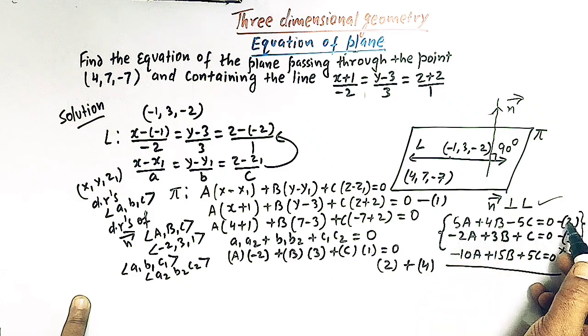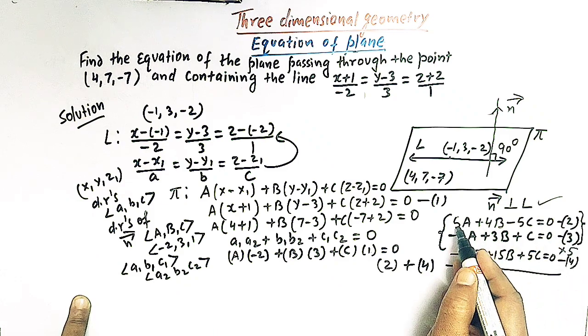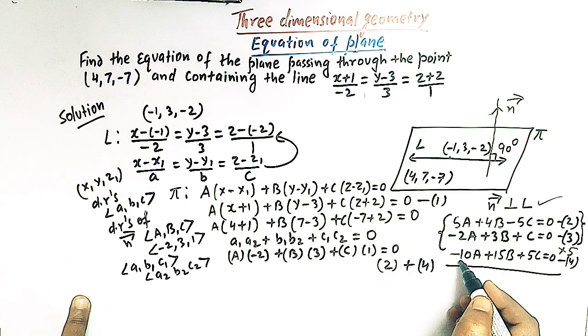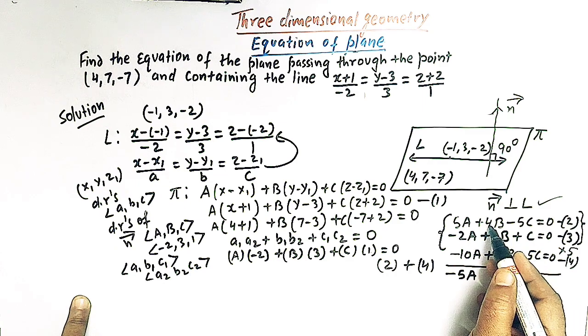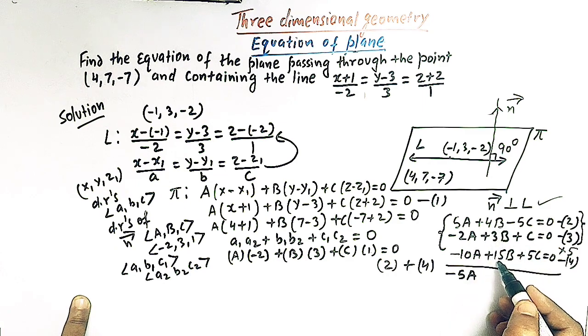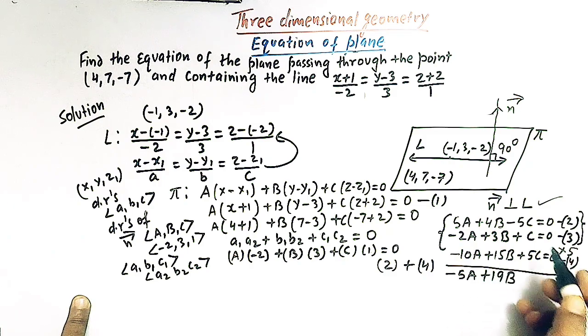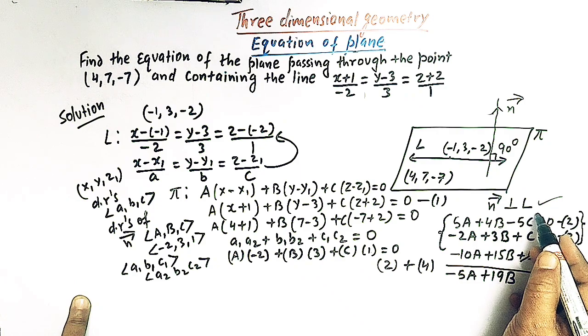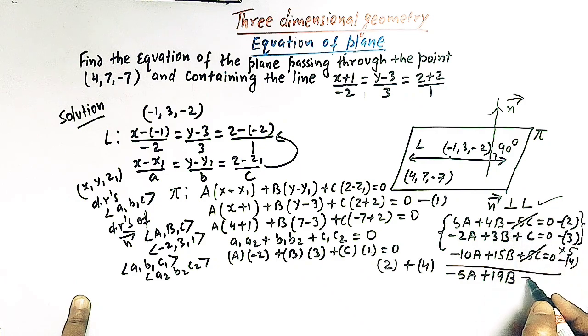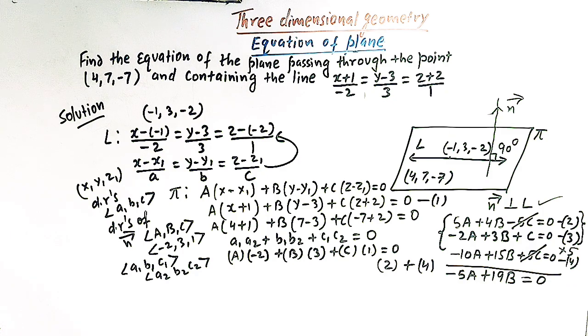When we add equation 2 and 4, we have 5a and -10a, so 5 minus 10 is minus 5a, and we have 4b and 15b, so 4 plus 15 is 19b. The minus 5c and plus 5c cancel, and this is equal to 0.